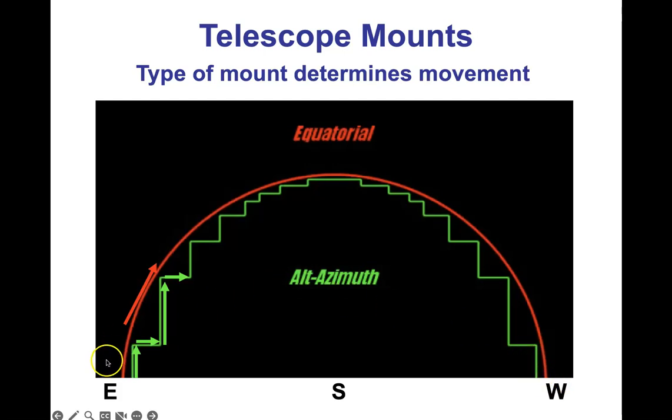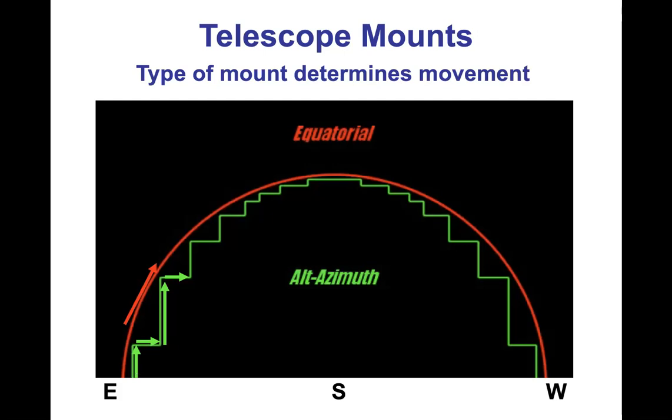And so how does the sky move, right? The sky rotates, or, it's the Earth that's really rotating, but above our head, it looks like the sky is rotating east to west, right? Things rise in the east, they cross high in the southern sky, and they set in the west. So the whole sky is rotating east to west, so westward, but that's not how your telescope moves if it's mounted alt-az, right?